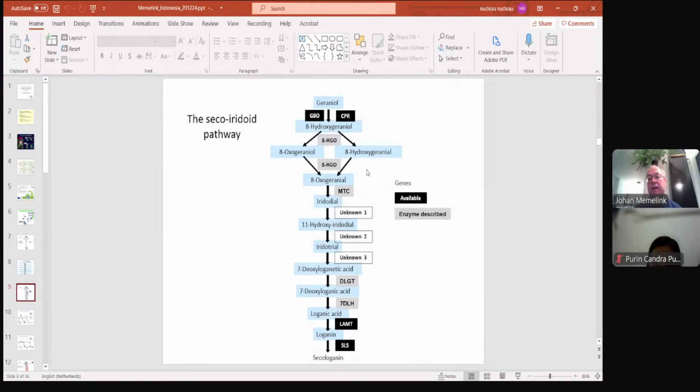That shows that the enzyme activity exists, but you still do not have the gene. So this was still a target for the Smart Cell project, to isolate the genes for these described enzymes. And then we hypothesized that there are 3 unknown enzymes involved in the conversion of this iridodial to 7-deoxyloganetic acid.